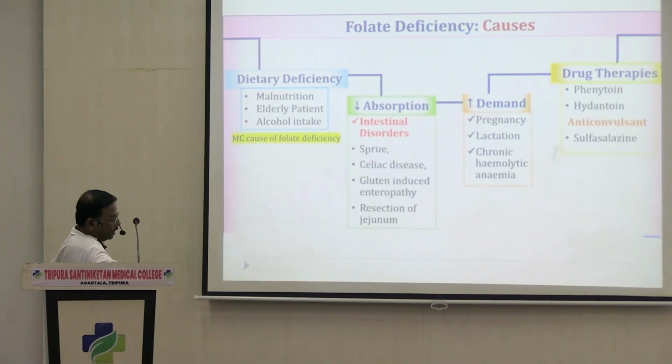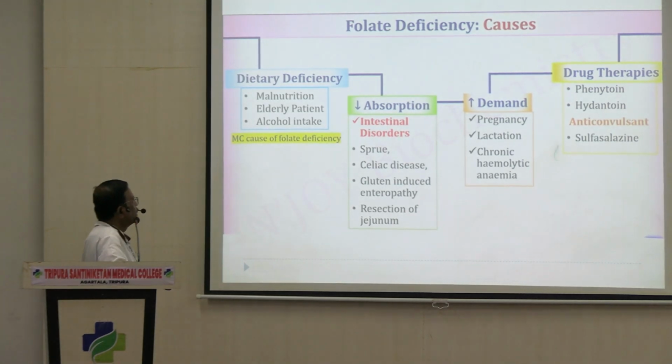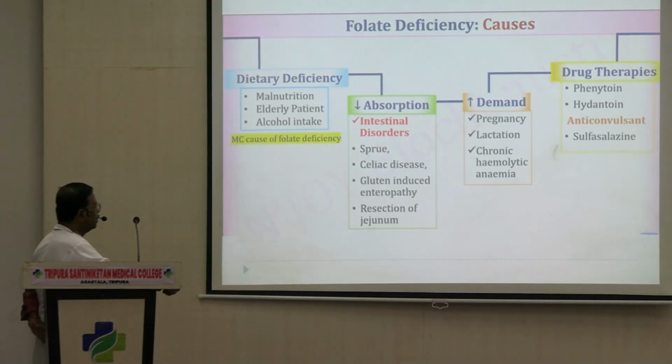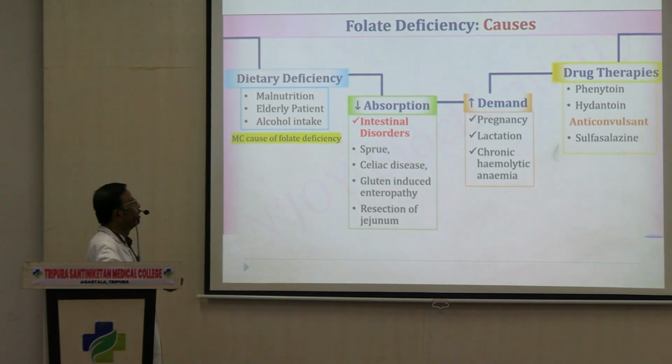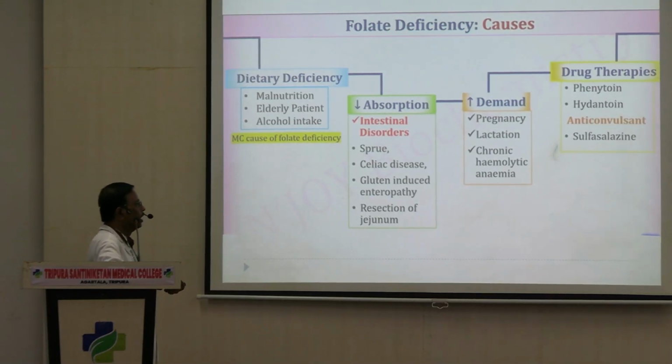Folate deficiency causes: malnutrition, elderly patients, alcohol intake; problems in absorption like intestinal disorders such as celiac disease, gluten-induced enteropathy, resection of the jejunum; then increased demand like pregnancy, lactation, chronic hemolytic anemia.